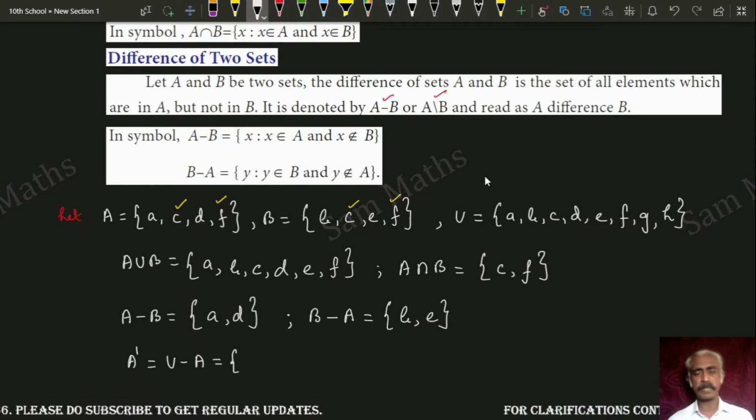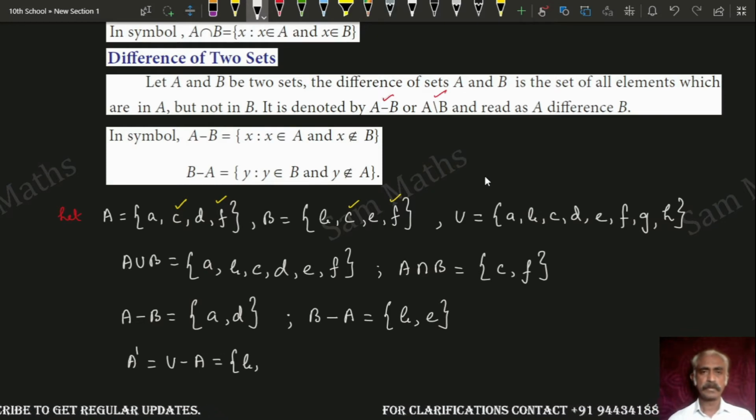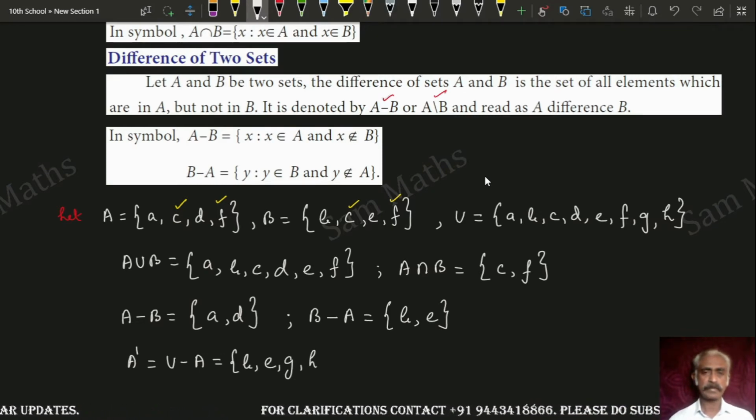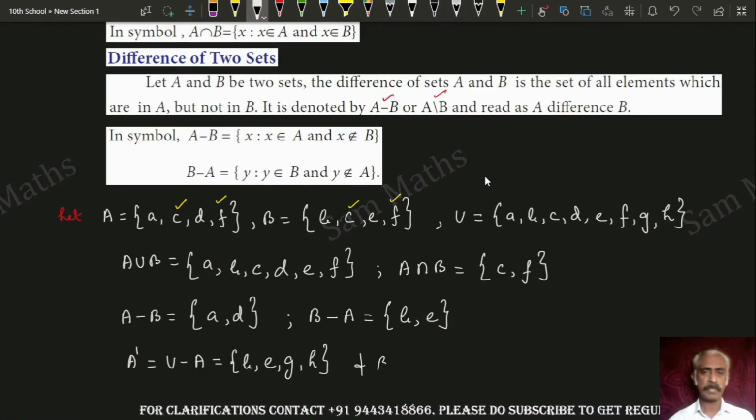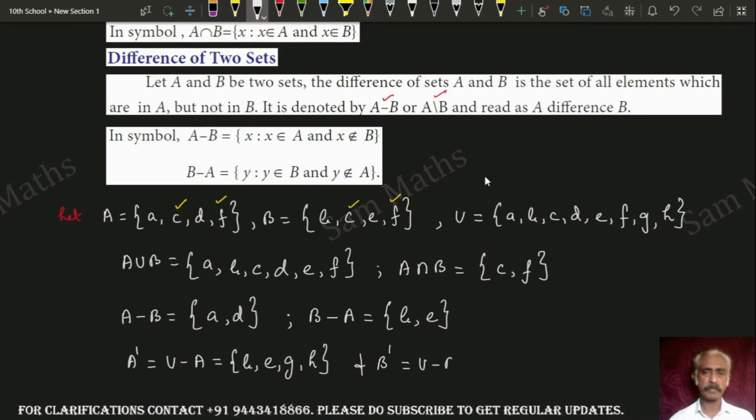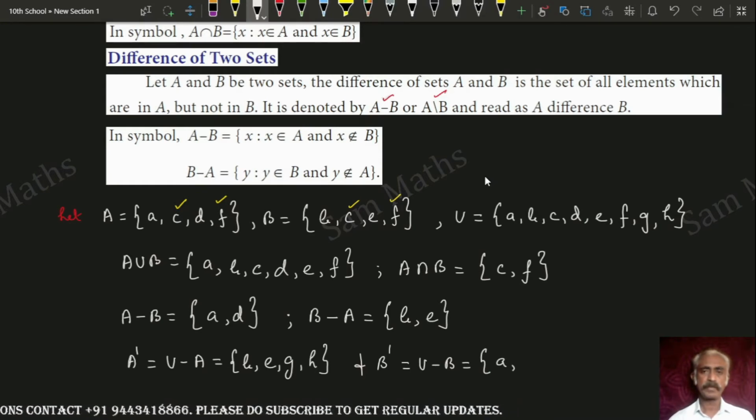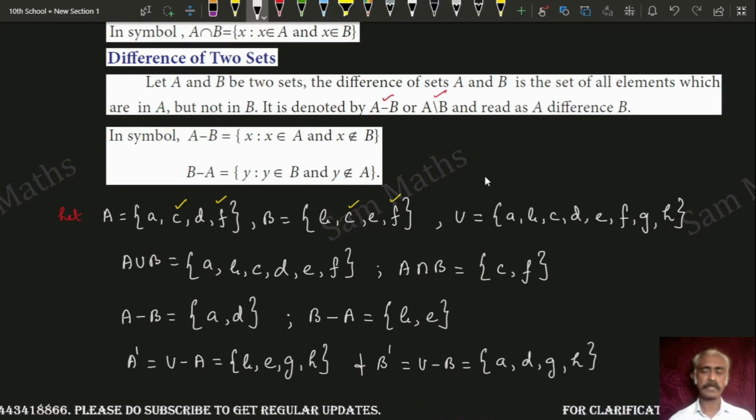You have to take off the elements of A from U. B, E, G, H. Okay, children? Suppose B dash, and B dash is equal to U minus B, that is A, D, G, H. These are the elements in B dash.